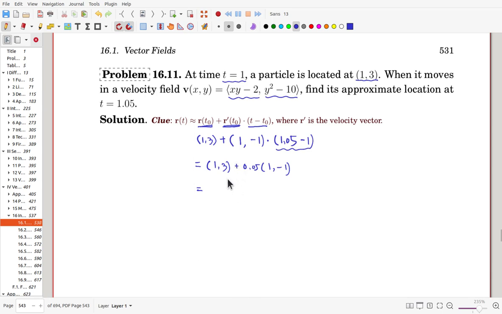And that will make 1.05 and 2.95, right? So this is the approximate location at t is 1.05.